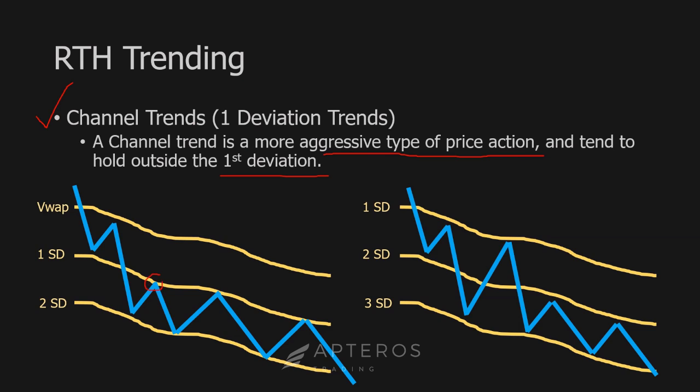And that's what you see here, establishing itself in between the first and second deviations. This is a pretty healthy single channel trend that we often see using RTH. So in this previous example, we went from a two channel trend and transitioned to a single channel or one deviation trend.